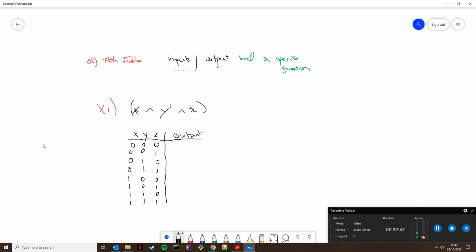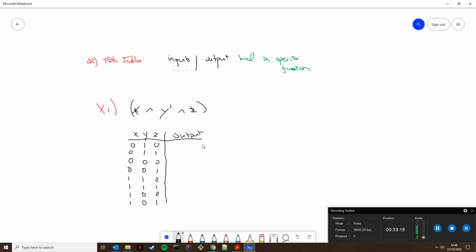Now, for our table, we have x and not y and z. So these values will actually go the other way around. Instead of 0, 0, 1, 1, you'll have 1, 1, 0, 0, 1, 1, 0, 0. Because it is not y, it is the opposite of y.